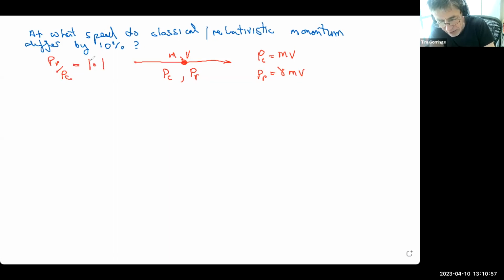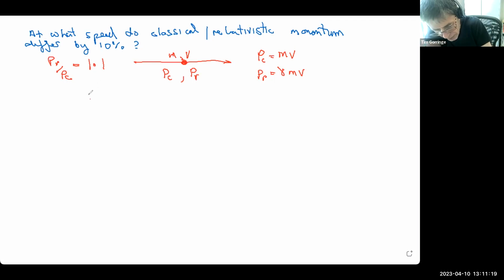This is 10% larger than them being equal to one another. Okay, so now let's set about calculating the speed at which the ratio of the two momenta is 1.1. The two momenta differ by 10%.